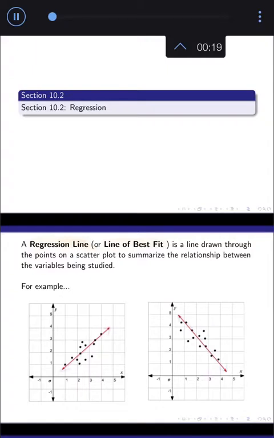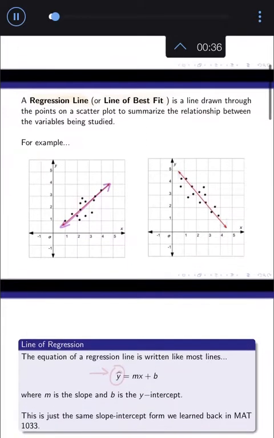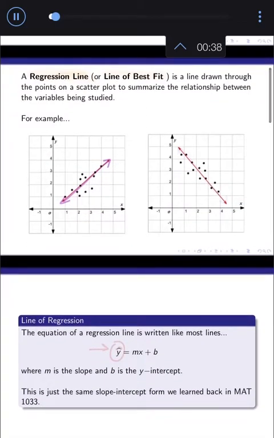When we were talking about this back in 10.1, we said something had a positive correlation if it was shaped like a line with a positive slope, and a negative correlation if the data was shaped like a line with a negative slope.